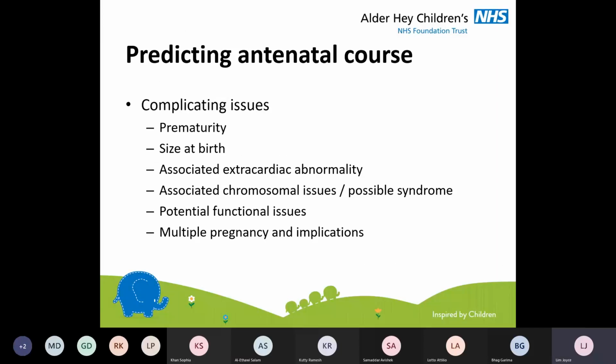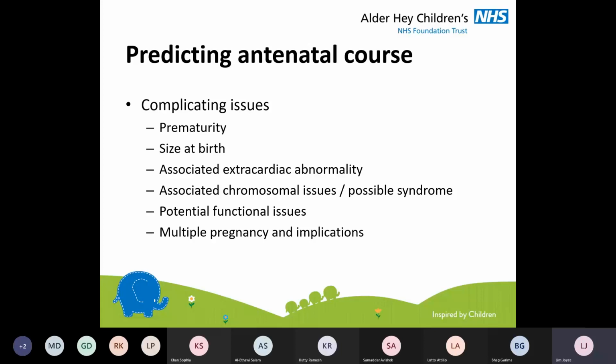So as I said, again, complicating issues: prematurity, if the baby is small, if there are extra cardiac issues, if there are chromosomal issues, and not infrequently, we see babies that are part of a multiple pregnancy. So if you have one twin that is normal and one twin that has hypoplastic left heart syndrome, obviously the challenges for the parents are increased, because as much as some parents might decide that they would not want to continue with the pregnancy, for multiple pregnancies, stopping one pregnancy early might put the other twin at risk.